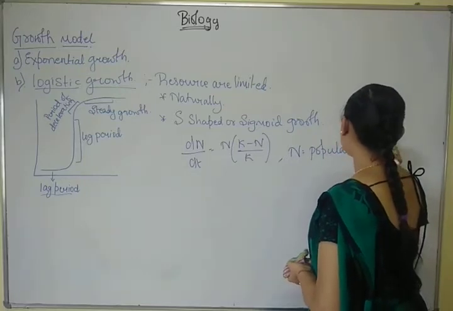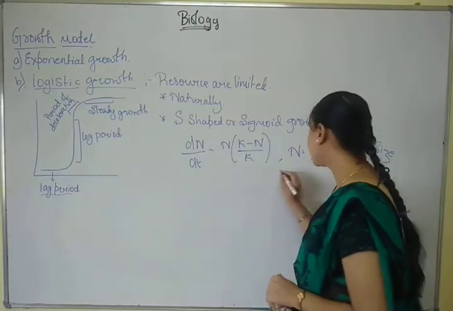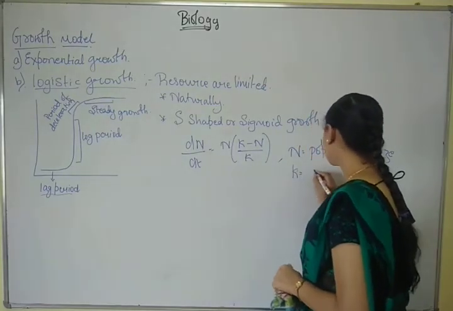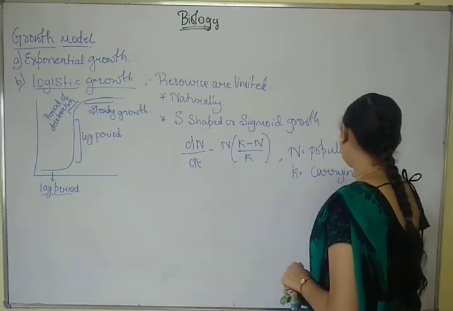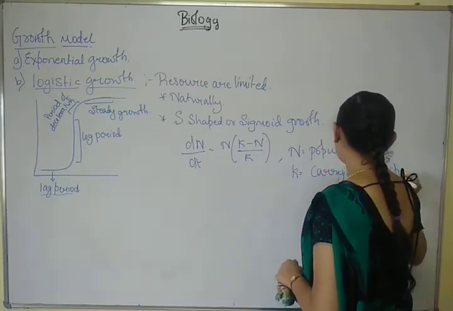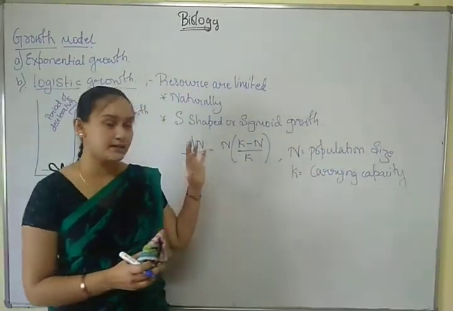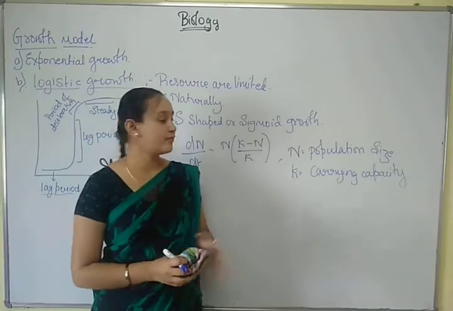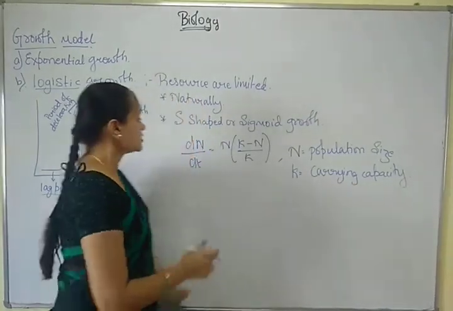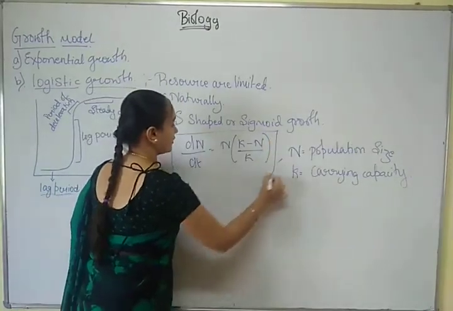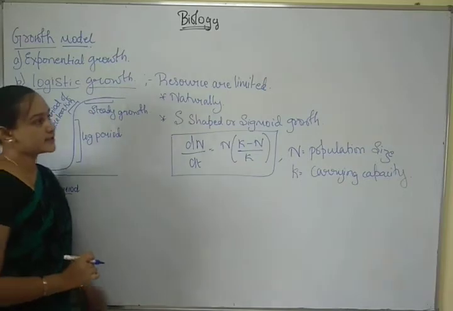K indicates the carrying capacity. K indicates the number of organisms that can be supported given the availability of resources. So it is given by K, the carrying capacity. This is the mathematical formula for the logistic growth.